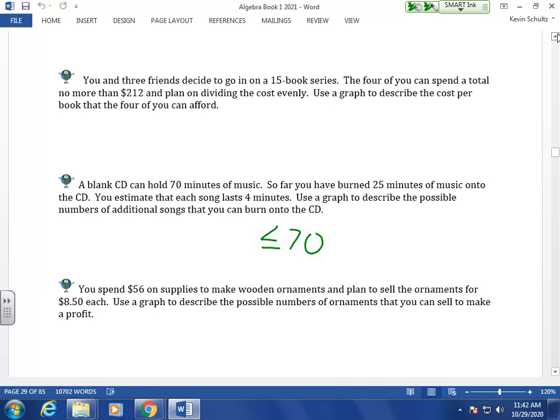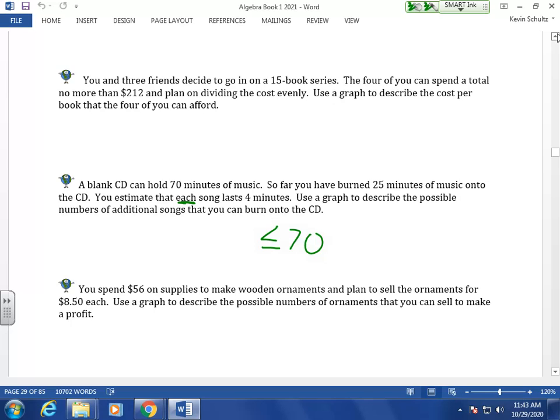Now, if each song lasts 4 minutes, we've talked about that word each before. What does that word each kind of represent? We also use the words per or every in the same conversation. 4 minutes for each song, 4 minutes per song.